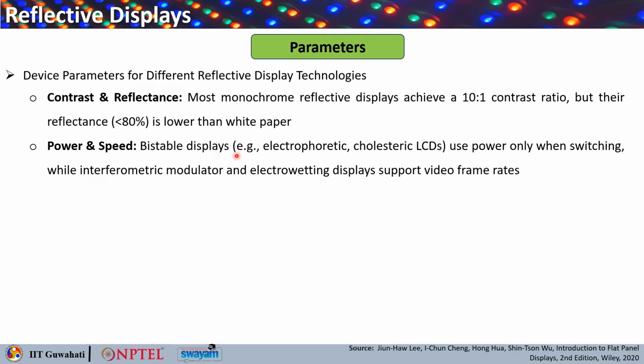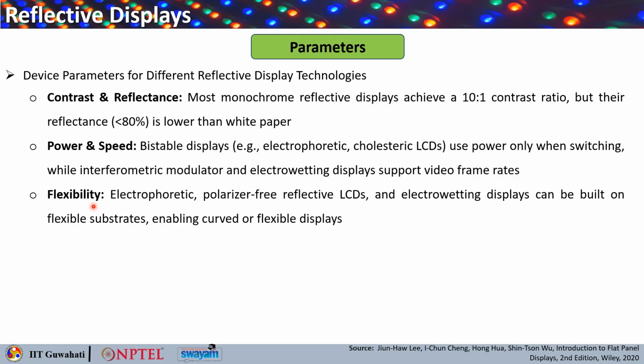So, when you have bistable displays like this, they use power only when there is a switching happening. While interferometric modulator and electrowetting displays support the video frame rate, so you can actually have much faster switching.